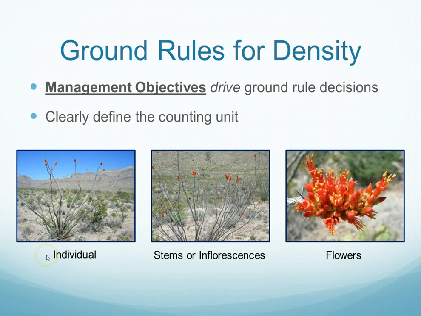For example, the individual in this picture is an ocotillo. That could be our counting unit. Or we may, depending on our management objectives, be more interested in plant parts, such as stems, inflorescences, or even individual flowers. So it's important to define the counting unit based on the purpose for collecting that data.